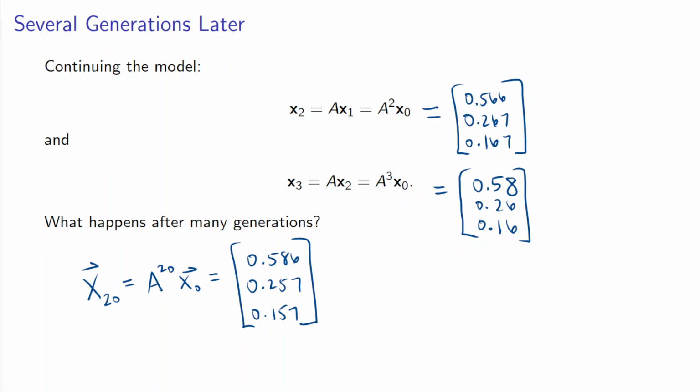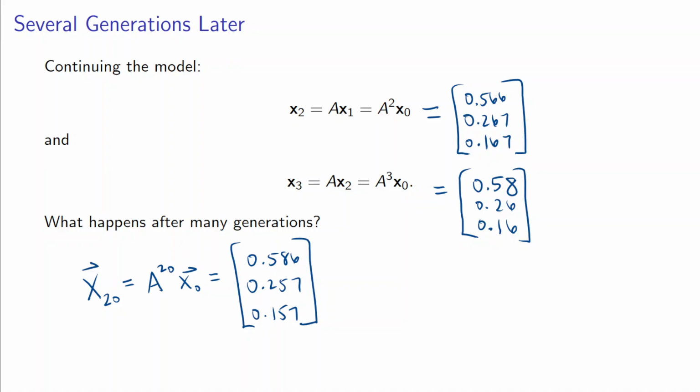So 20 generations later, we'd have a little more than 58% completing college, around 26% completing high school, and about 16% not completing high school.